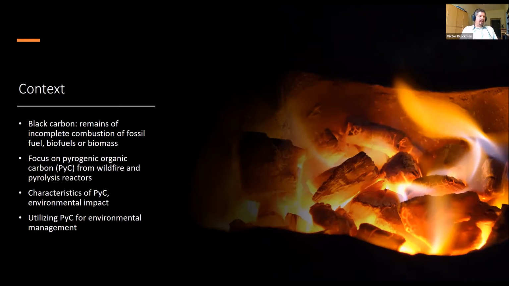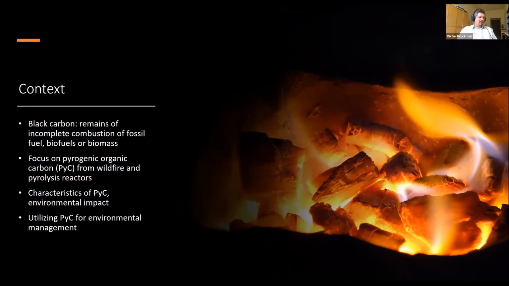But I'm more focusing on pyrogenic organic carbon, which comes from wildfire and pyrolysis reactors. I will start with the wildfire aspect and later move to artificial pyrogenic carbon, if you will.